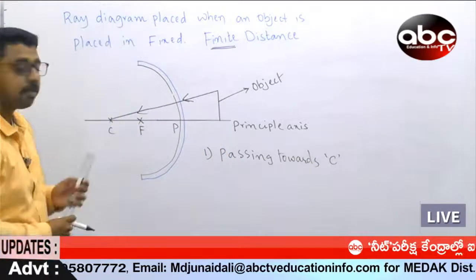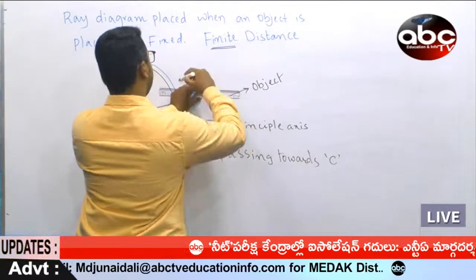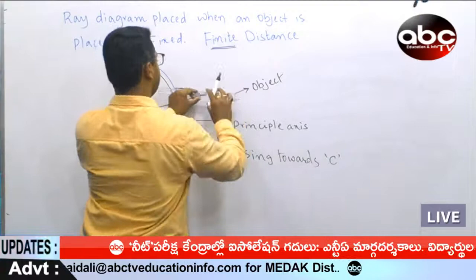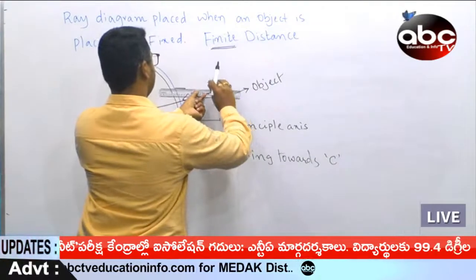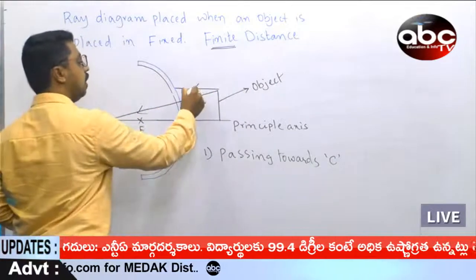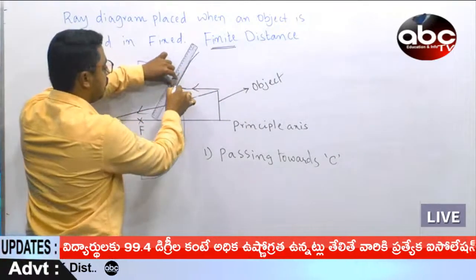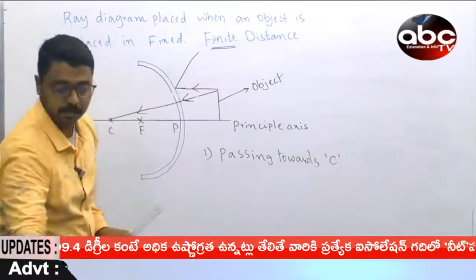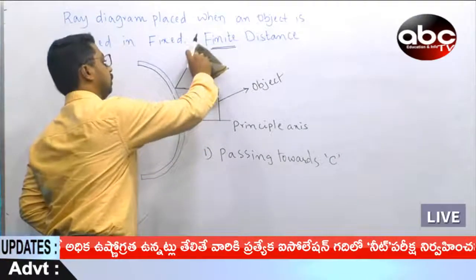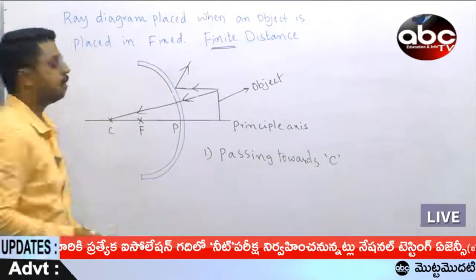Coming to the second ray, I take the regular phenomenon called a parallel ray, which diverges away from the mirror.